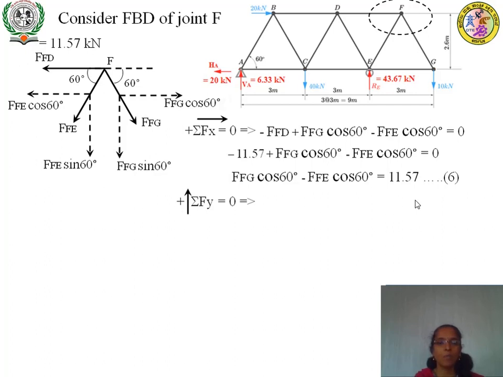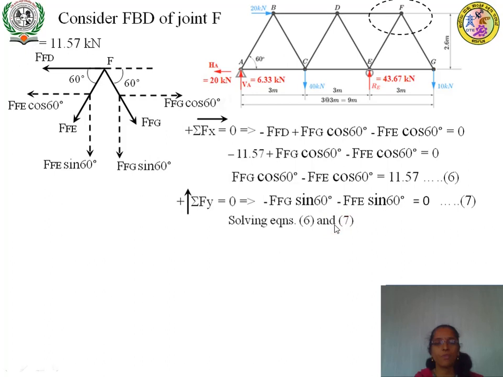Next we will apply sigma Fy equals 0. So that implies minus FFG sin 60 minus FFE sin 60 is equal to 0. Therefore, solving equations 5 and 6, two simultaneous equations are there, so we can solve them.